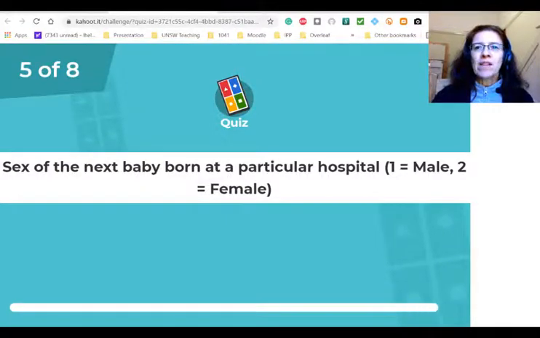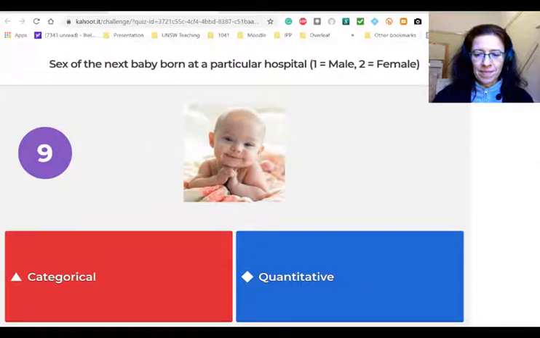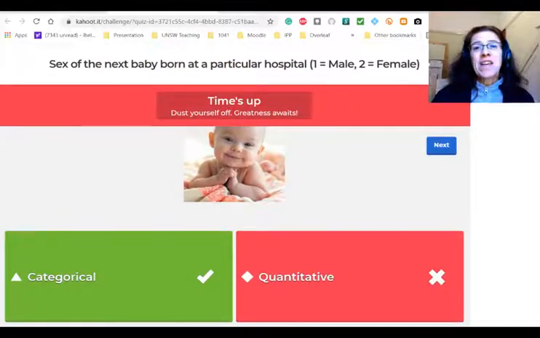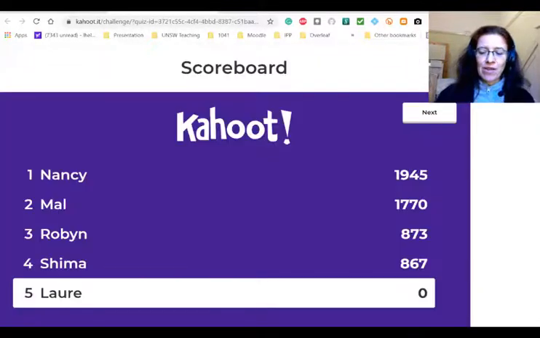Next, 1 for male, 2 for female. These are numbers, but the average doesn't make any sense. And this 1 and 2 don't have any specific meaning. You could swap them, so they are really only labels. So it's a categorical variable.